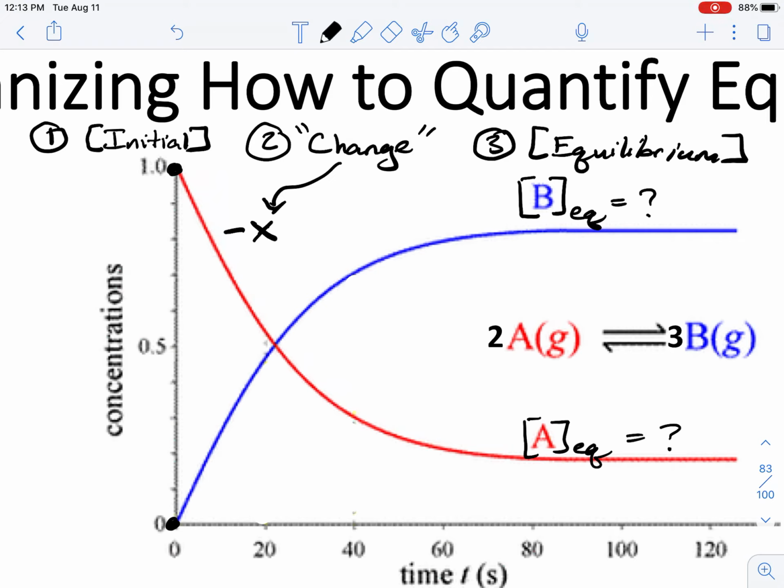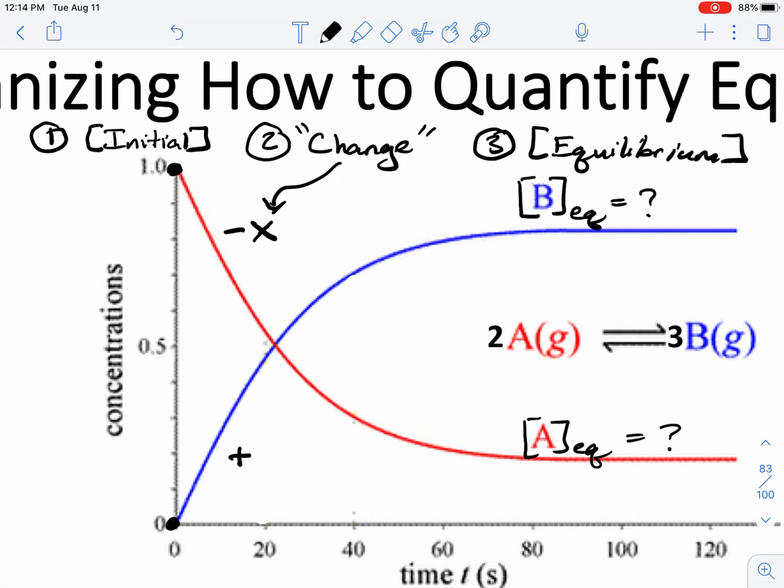In very similar logic, we can go ahead and apply that to products. Since products are going to increase as a reaction goes in the forward direction, we're going to describe the overall change in the concentration of products as a positive value because we're producing substances, we're not consuming them.